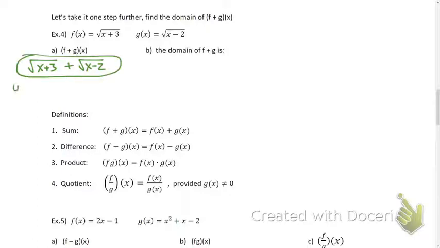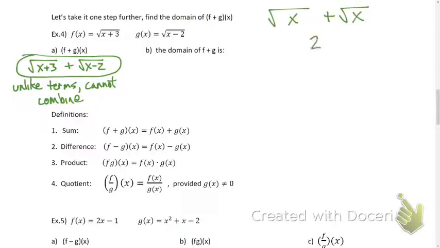These are unlike terms, cannot combine. For example, like if you're confused about that, like if I had square root of x plus square root of x, that would be 2 square roots of x.